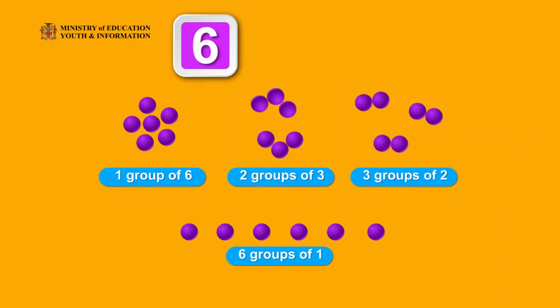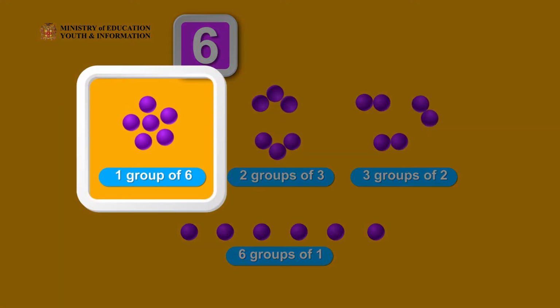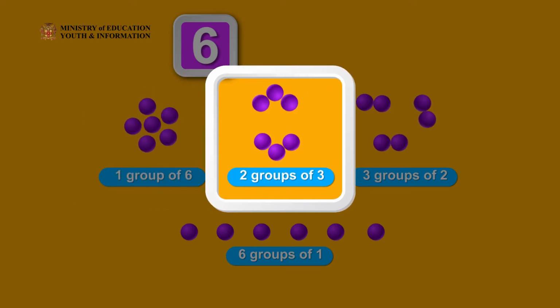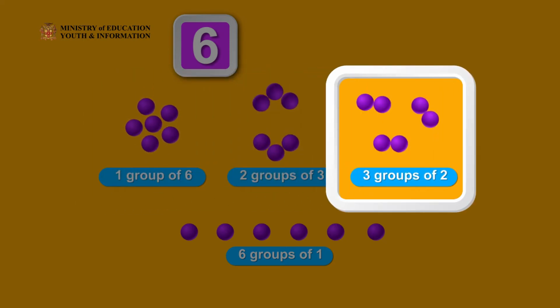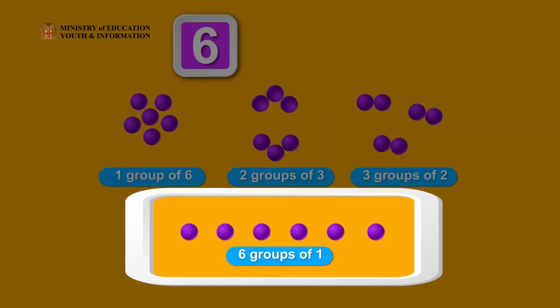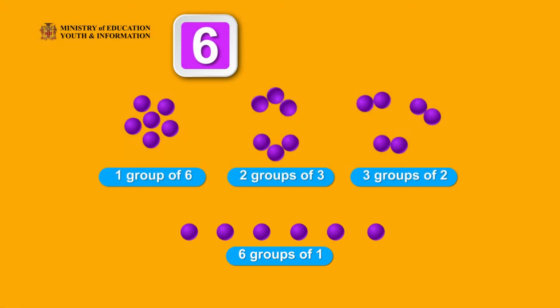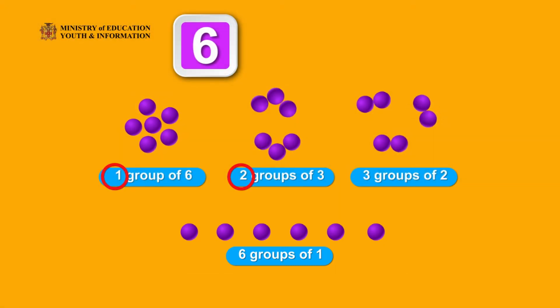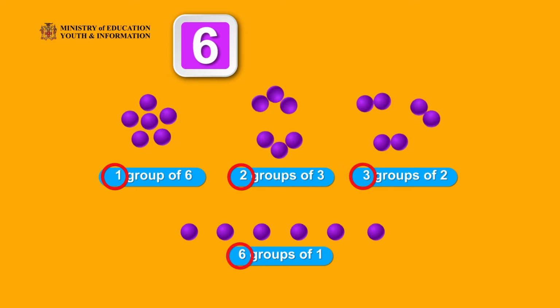Here is an example. 6 can be grouped evenly as 1 group of 6, 2 groups of 3, 3 groups of 2, and 6 groups of 1. Hence, as was stated earlier, 1, 2, 3, and 6 are factors of 6. Did you get that?